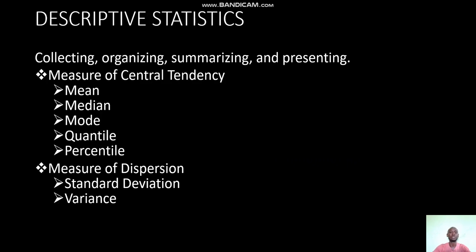So descriptive statistics is a process of collecting, organizing, summarizing, and presenting data. And descriptive statistics tends to focus more on two major areas, that is, measure of central tendency and measure of dispersion.